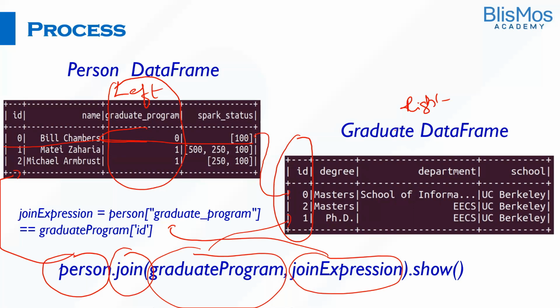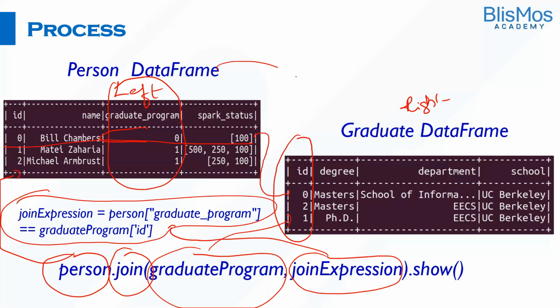So, as a part of the join process, based on the expression you have provided, records of the left data frame would be compared with the records of the right data frame. First record, see, this is record 0, graduate program is 0. That will be compared with the ID of the graduate program data frame.